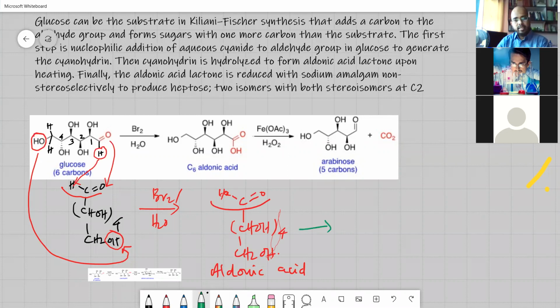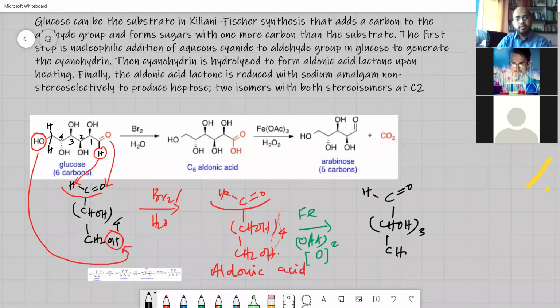And then you are adding ferric acetate in the presence of hydrogen peroxide, and you get an arabinose. Arabinose is exactly a 5-carbon atom compound, CHOH 3 times, and then CH2OH.